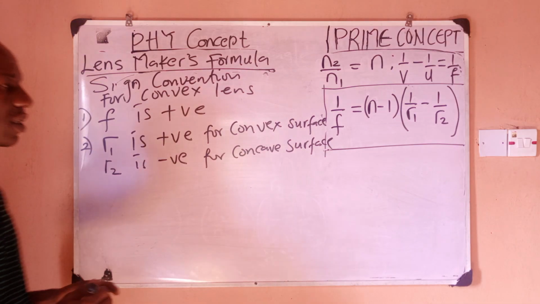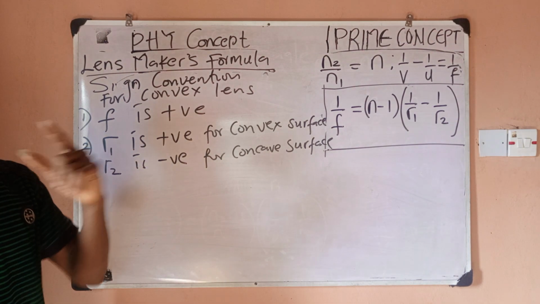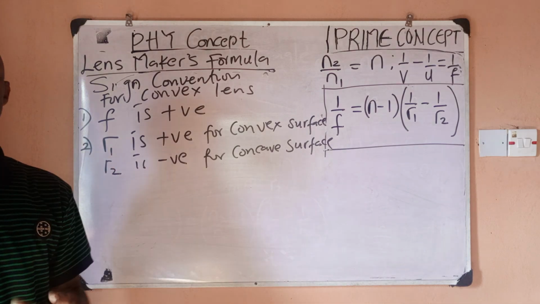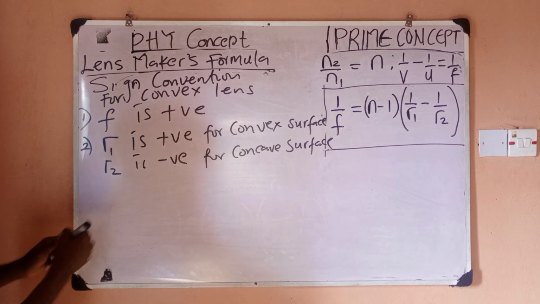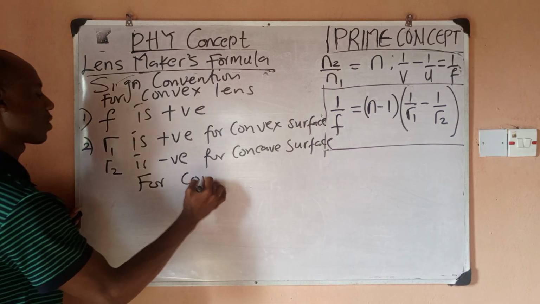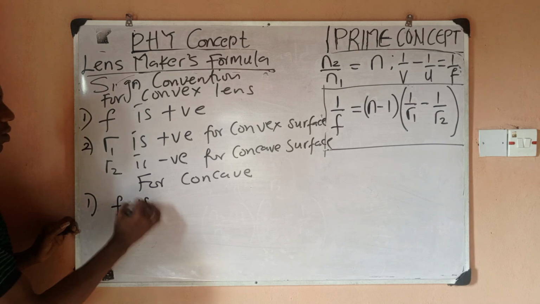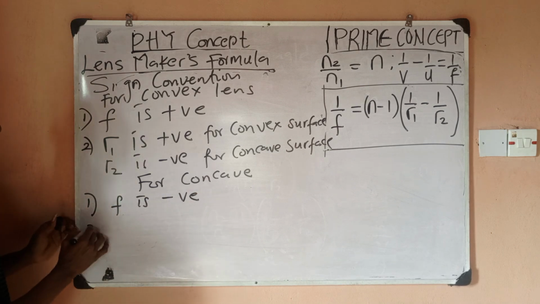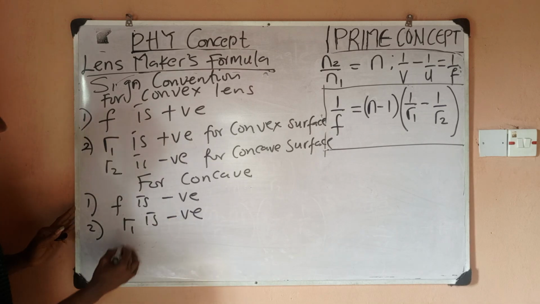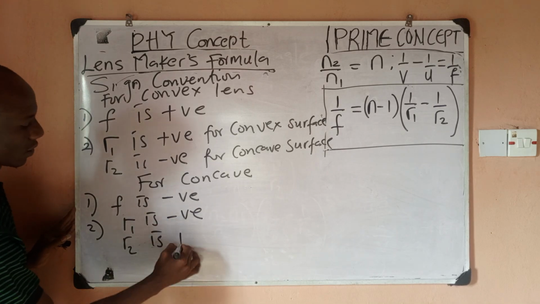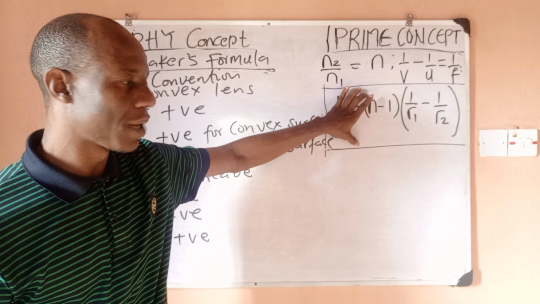So if I'm dealing with a convex lens, my R1 would always be positive, my R2 would always be negative. Once you're dealing with a convex lens, this is how you would use this. For a concave lens, first, F is negative. Then second, R1 is negative. Then R2 is positive. So this is the sign convention that you would need to be able to apply this formula correctly.